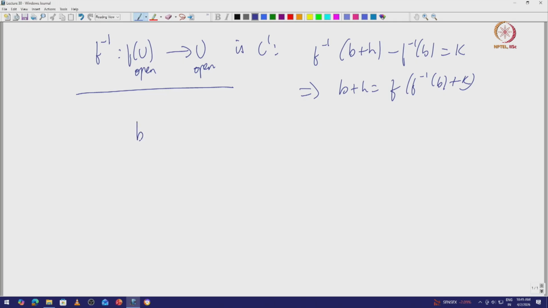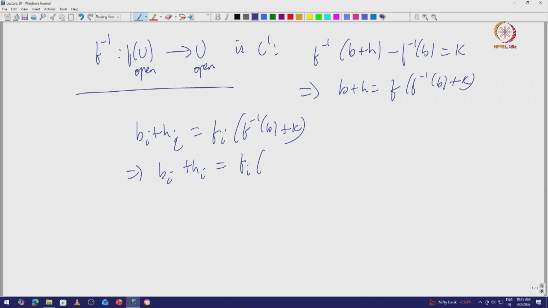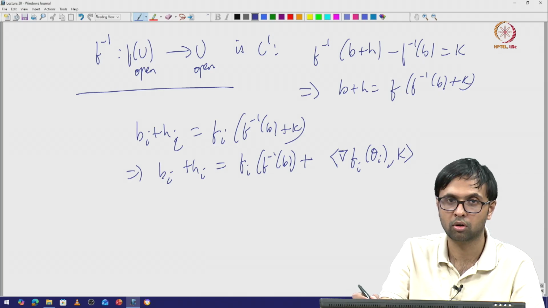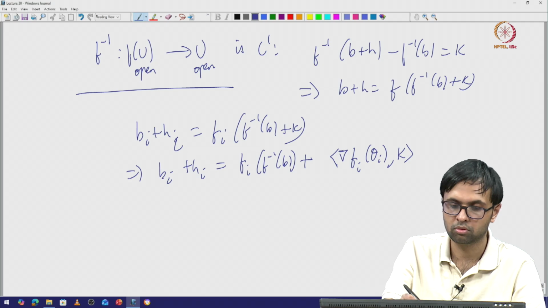So the ith component of this is the ith component of this, which means this equals f_i of f inverse of b, plus the gradient of the ith component at some point theta_i dot k. If you wish, this is like Taylor's theorem, or mean value theorem, whatever you prefer.